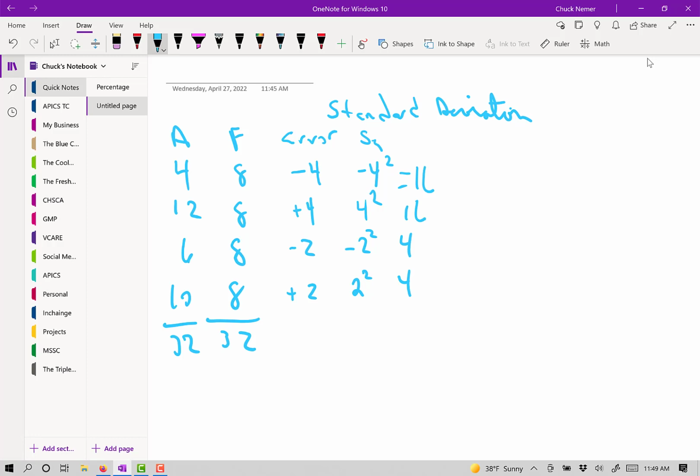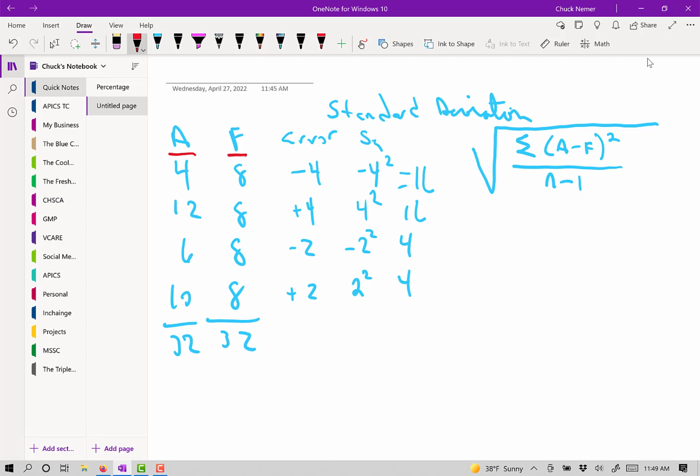So the formula for standard deviation looks like this. It's the square root of the sum of actual minus forecast squared, divided by n, the number of data points, minus 1, which we'll explain in just a moment. A is actual, F is forecast.